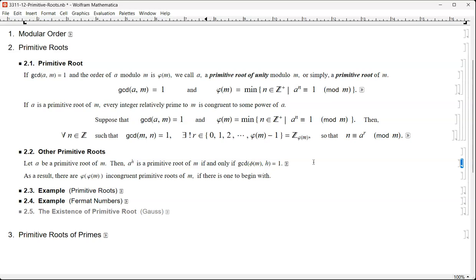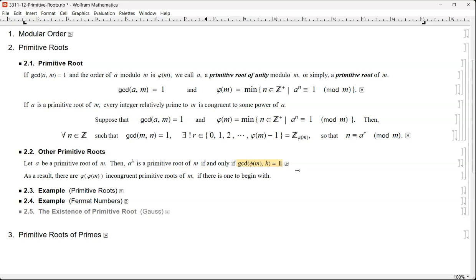Okay, once you get it done, you're coming up with the next property here. How many positive integers from 0 to phi of m are relatively prime to phi of m? They are phi of m. So among those 0 to phi of m minus 1 here, not all of them will satisfy the GCD property.